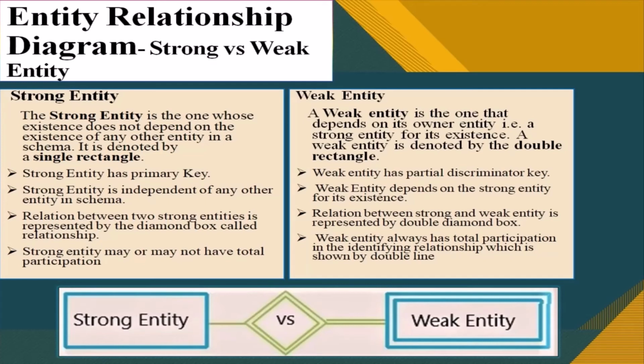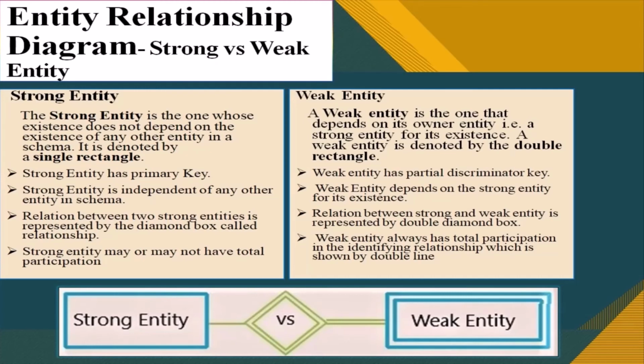A strong entity is independent of any other entity in the schema, whereas a weak entity depends on the strong entity for its existence. The relation between two strong entities is represented by a diamond box called a relationship, and the relation between a strong and a weak entity is represented by a double diamond box.